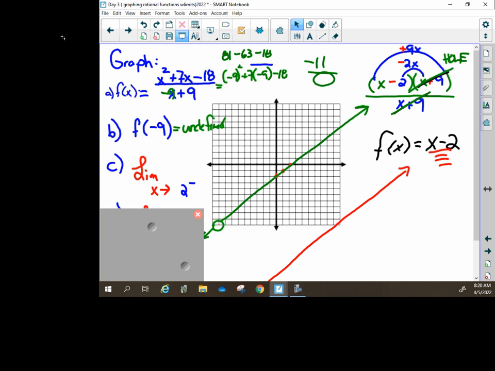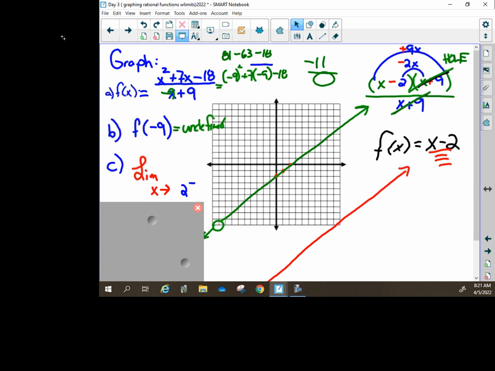Limits are the things you gotta take care of and see if they exist or not. So I want to evaluate that function at 2. If I'm coming over here at 2, I want to evaluate that function and see what the height of the graph is at 2.